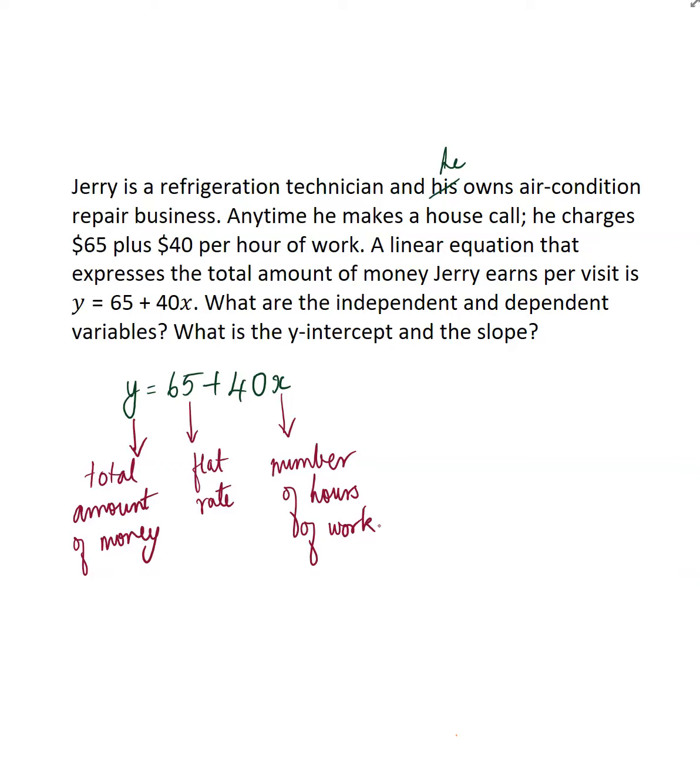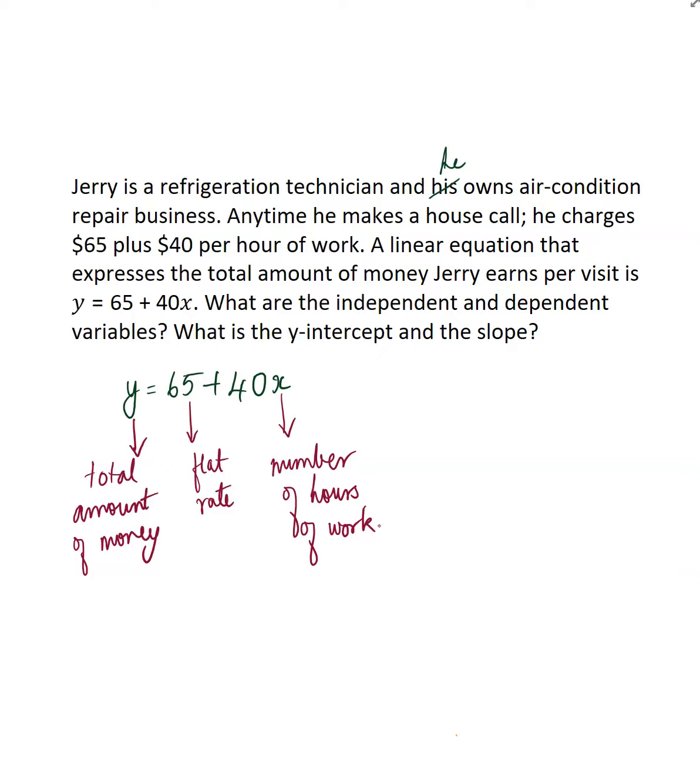Think about this, right? Which one is independent? Definitely the time that Jerry works, right? The repair time, that is what is really independent, because the amount of money he earns based on that is what will result in the y. So y actually depends on x. That's the way it is set up. It's always set up as y is always a dependent variable and x is always the independent variable.